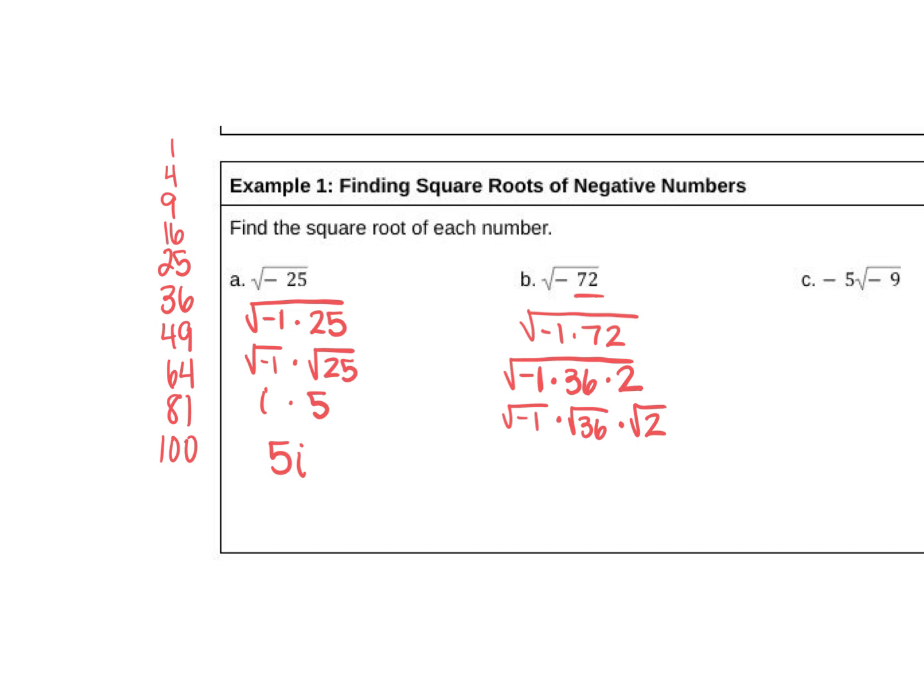I. Yep, square root of -1 is I. What's the square root of 36? Peyton, what is it? 6. And then that square root of 2, we just leave it. And then we just flip-flop it so the numbers first, variables second. Okay?